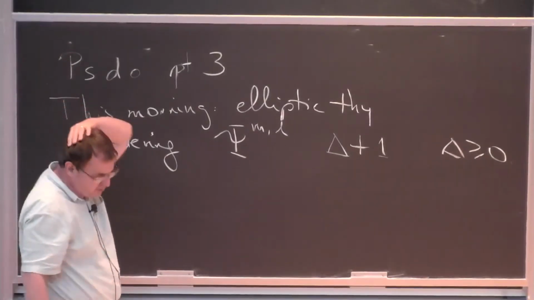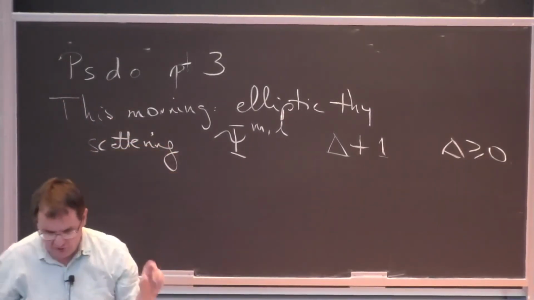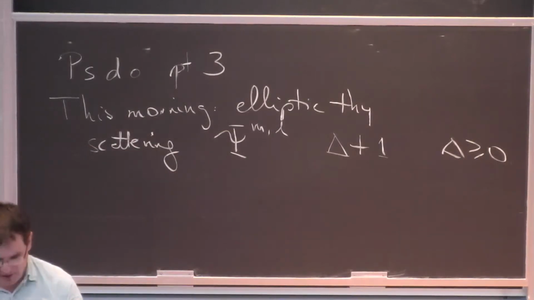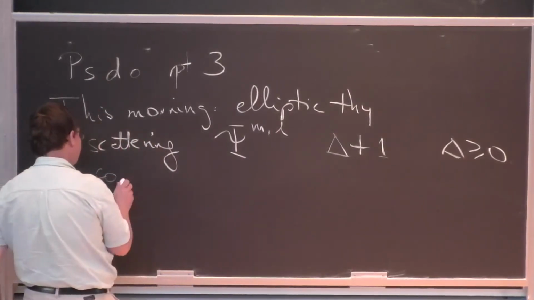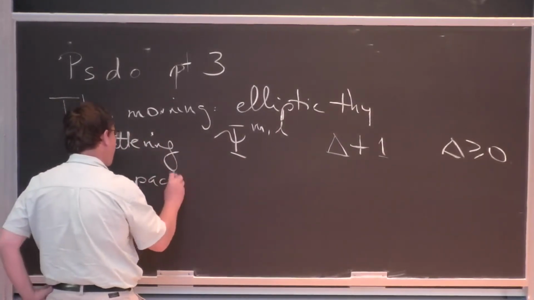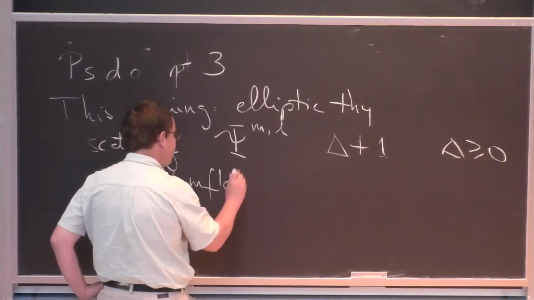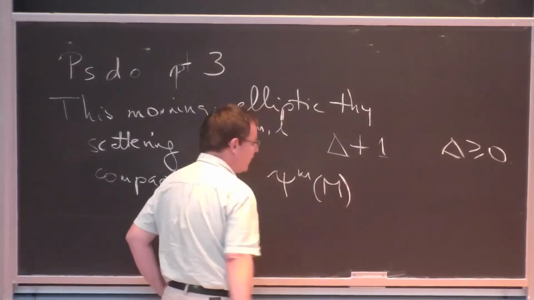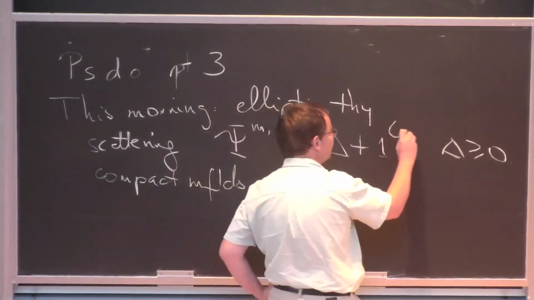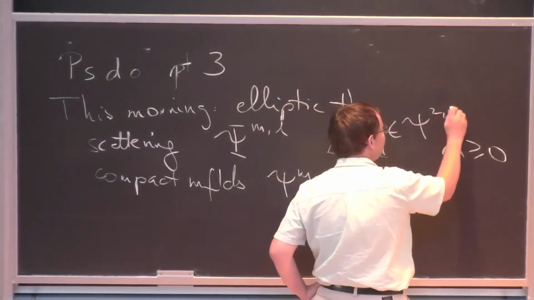And then towards the end of the talk, Shuwen very briefly talked about manifolds in general, and compact manifolds in particular. So we had something like psi m, so this was in psi 2, 0.